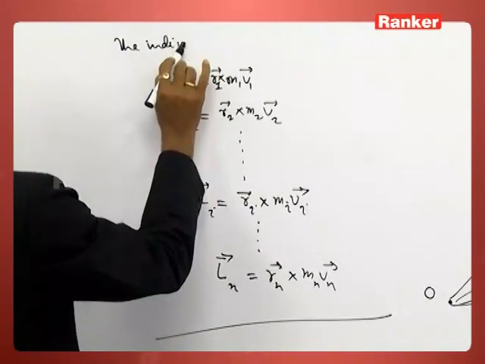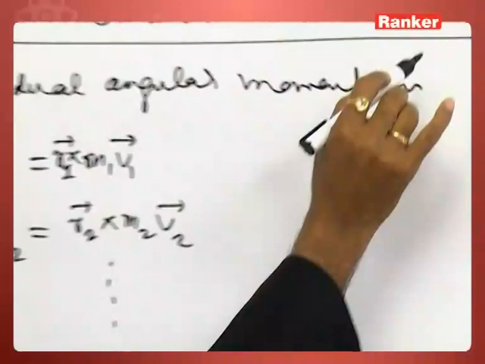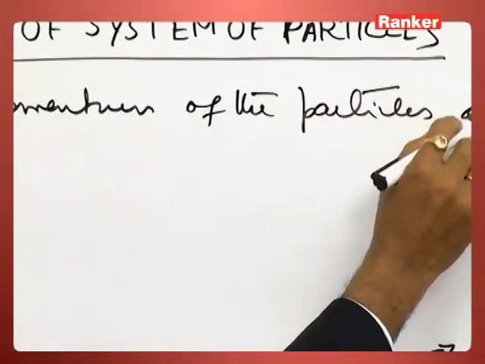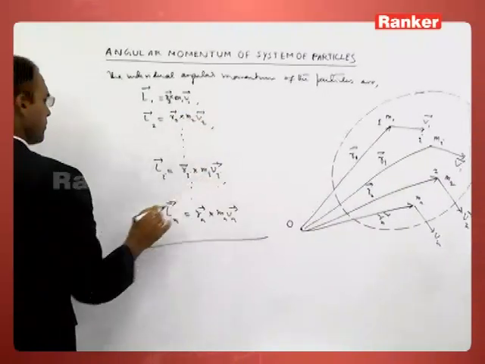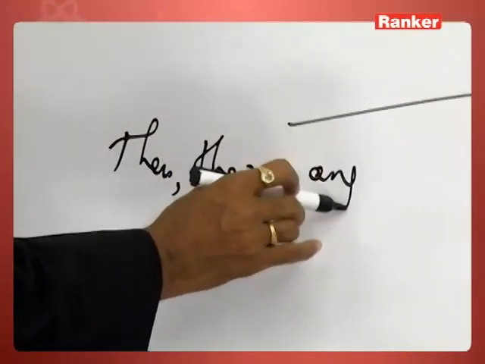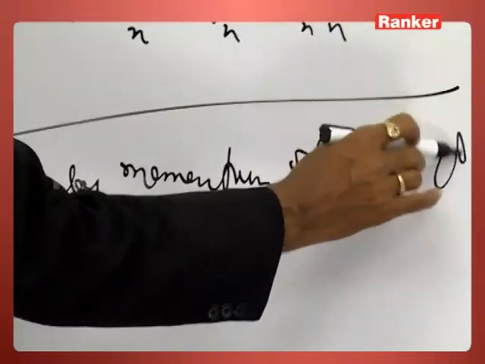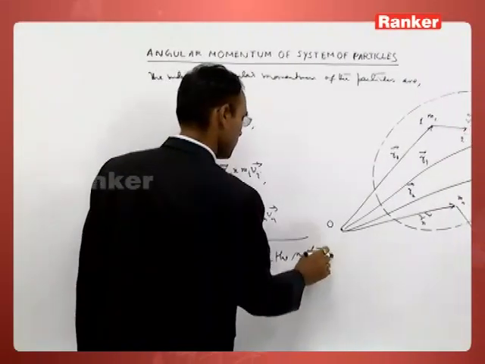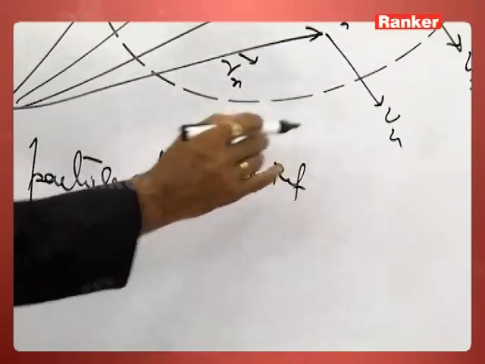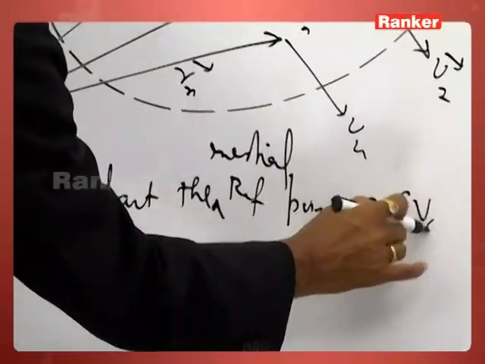The individual angular momenta of the particles are added, then the net angular momentum of the system of particles about the inertial reference point O, whose velocity is 0.